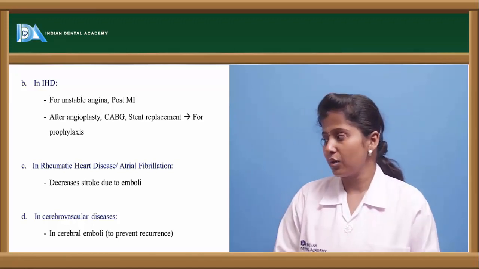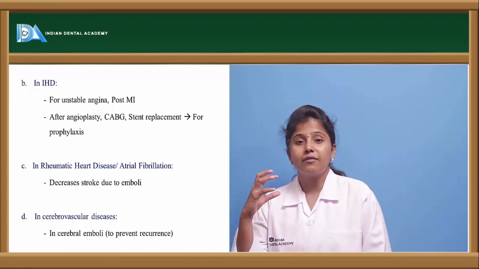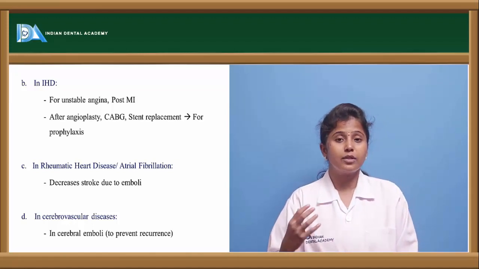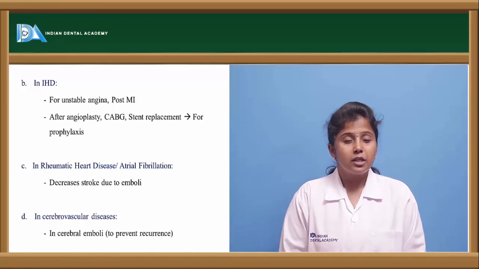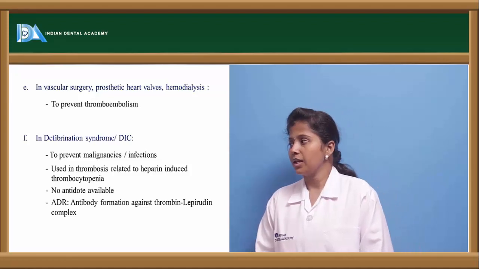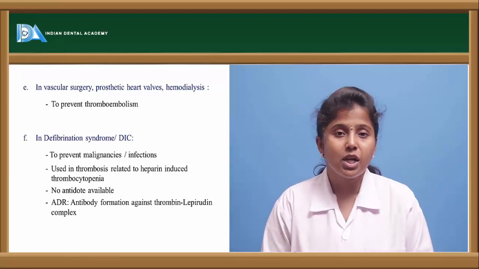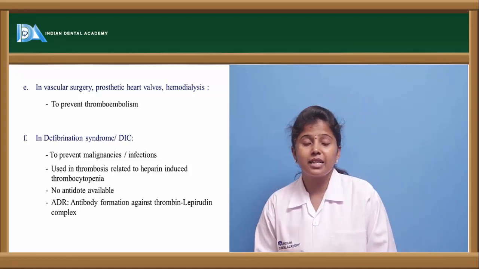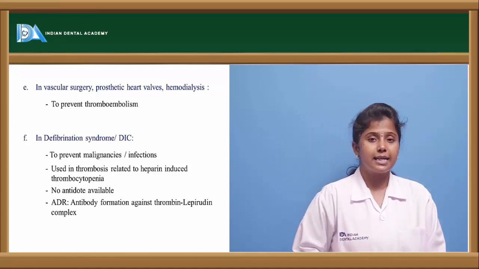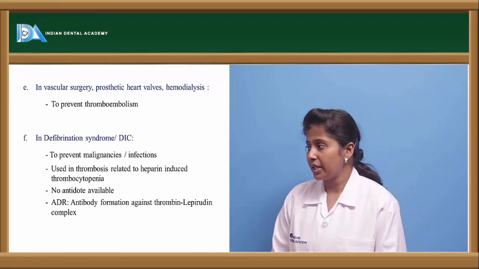And in cerebrovascular diseases, if there is any clot formation in the cerebral vascular tissue, then this can be prevented by heparin. In vascular surgeries or heart surgery, if there is any surgery for heart valve replacement or any cardiac-related surgery, heparin is used.